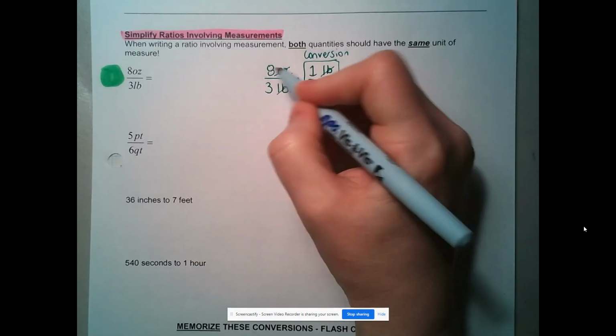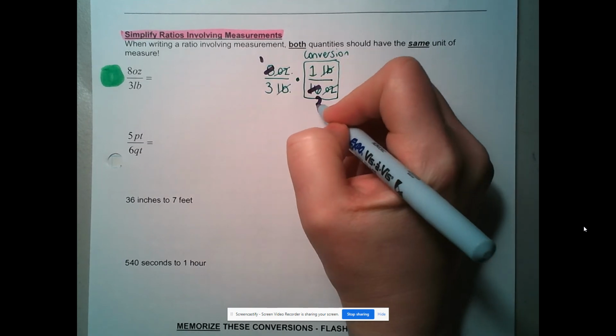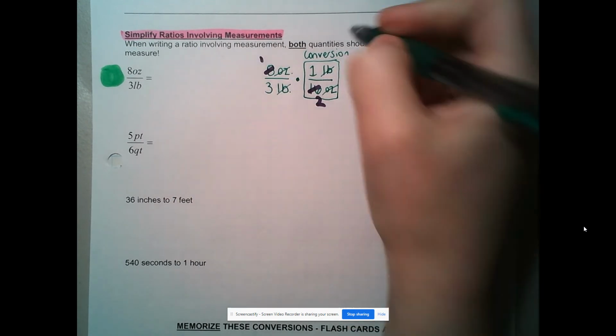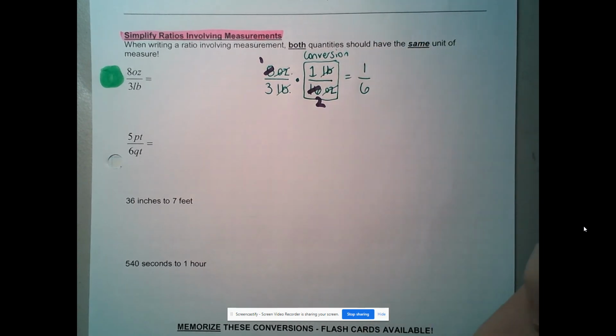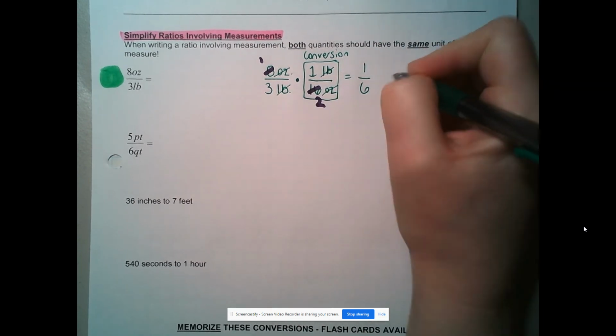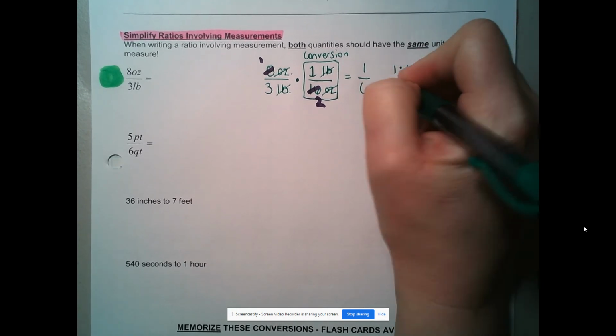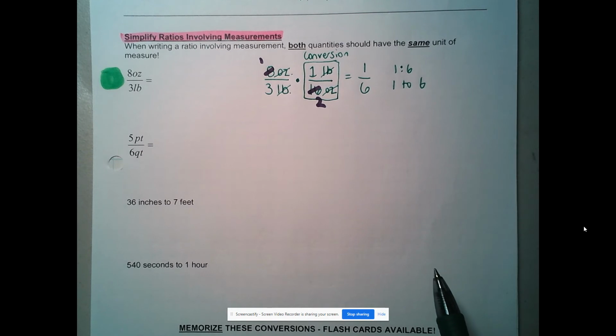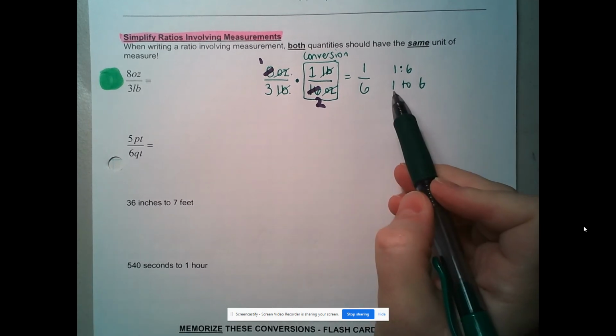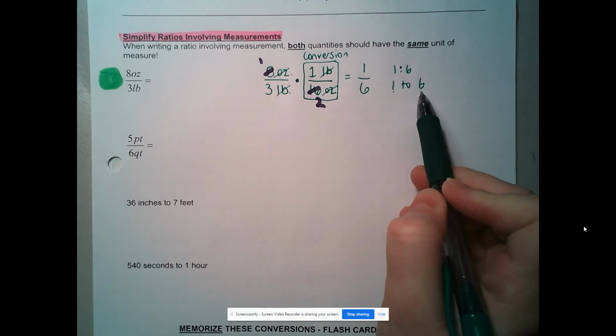I can say that 8 divided by 8 is 1 and 16 divided by 8 is 2. And when I multiply 1 times 1, 3 times 2, I get that it is a 1 to 6 ratio. Now, if I were going to make this recipe and I'm on Chopped or I'm on one of the cooking shows, I know that for every 1 unit of butter, I need 6 units of flour.